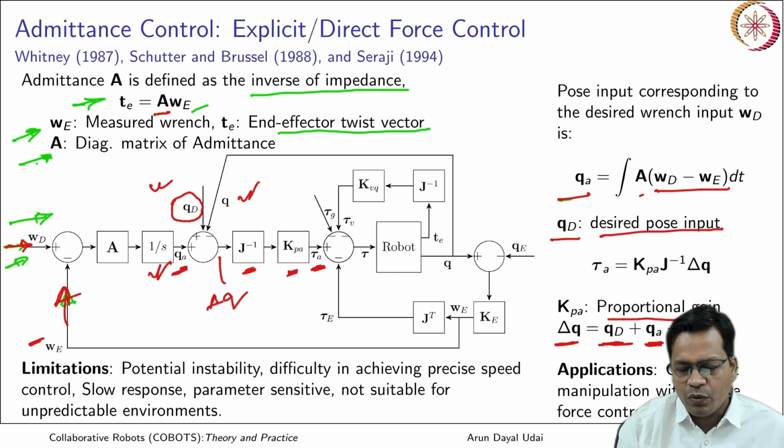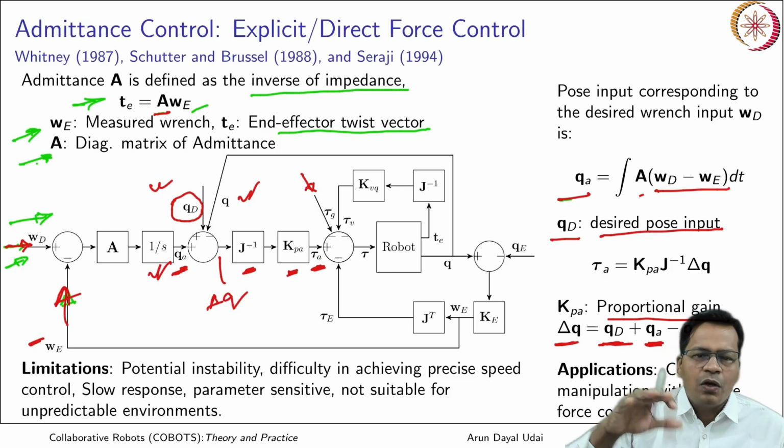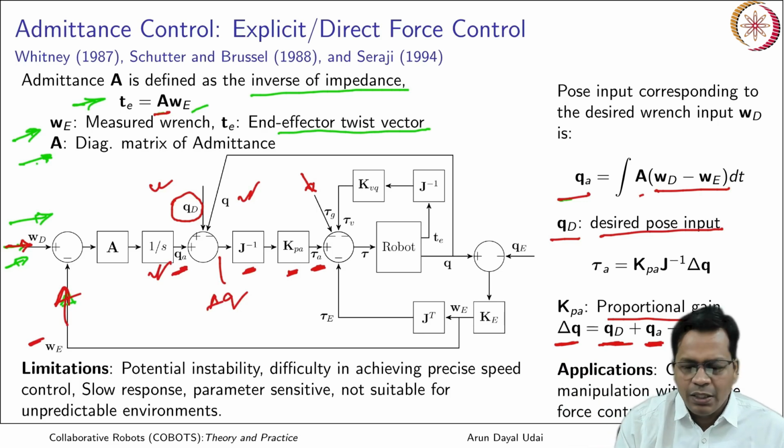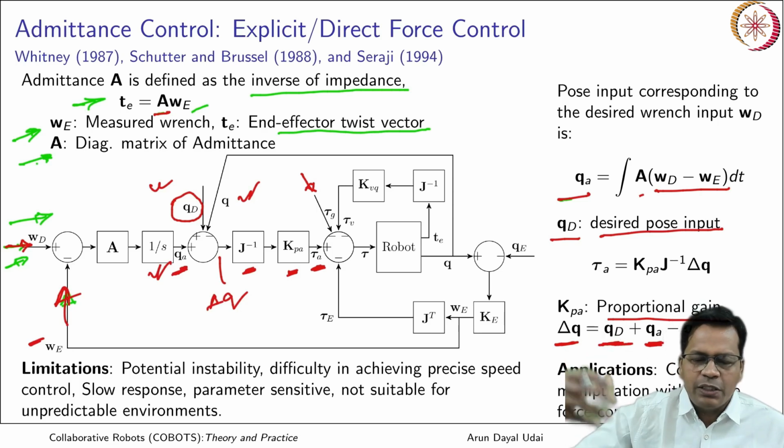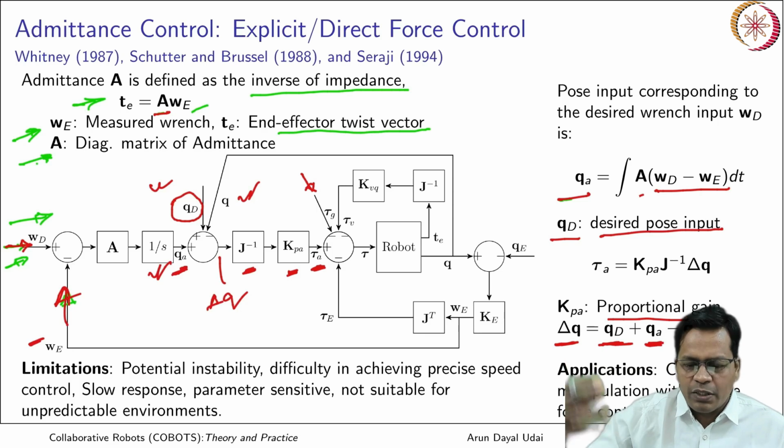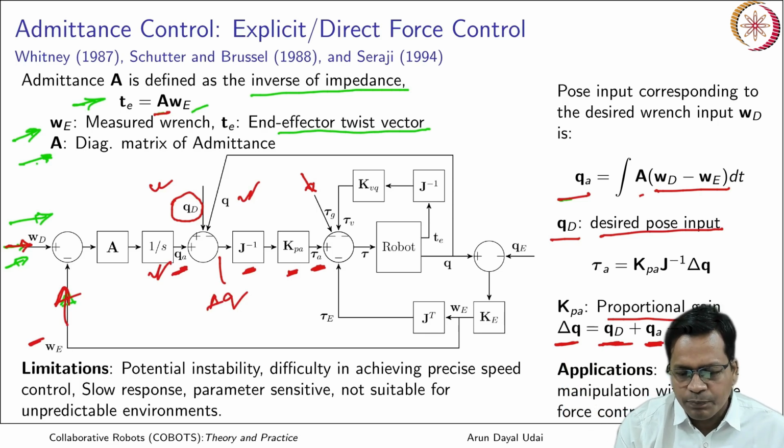So tau A is the torque which goes to the robot controller once again, and over here you have tau G. This essentially is the gravitational compensation torque which makes the robot free from the gravitational pull, and the robot becomes floating in space, as we have already discussed in the statics module. So tau G makes the robot floating in space so that the controller becomes free of gravity.